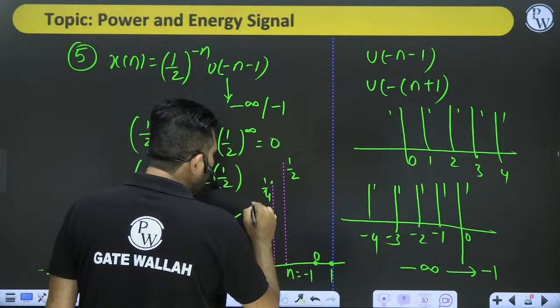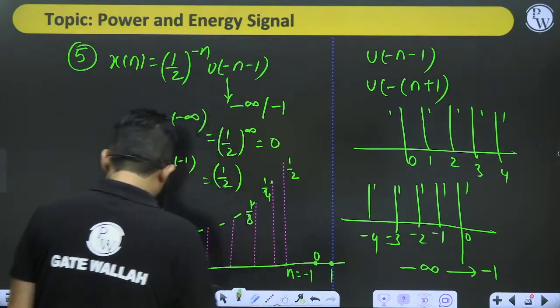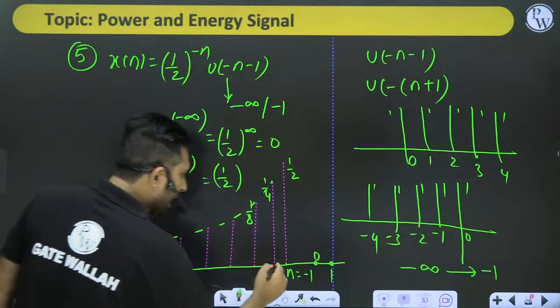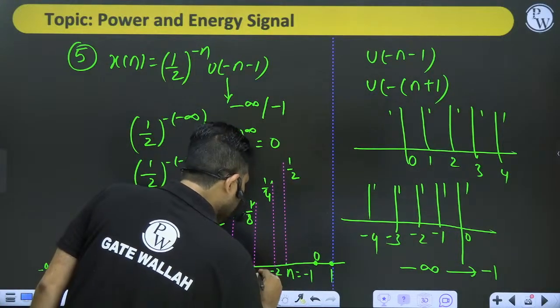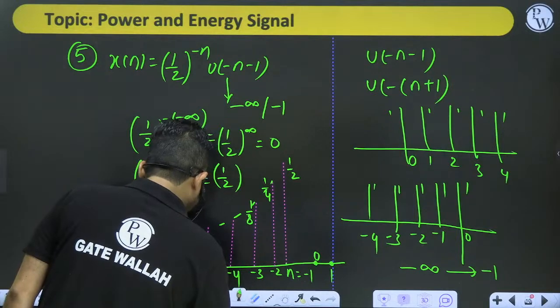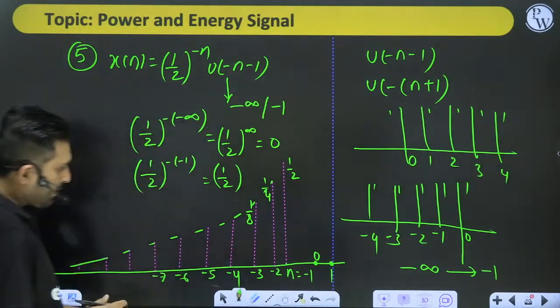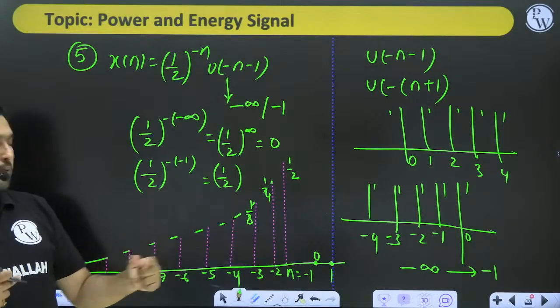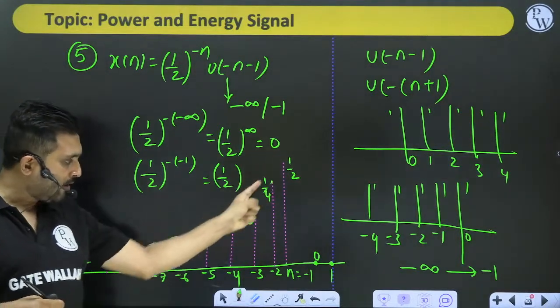This should be 1 by 8, and so on. And this will converge to 0. So at n equal to minus 1, minus 2, minus 3, minus 4, minus 5, minus 6, minus 7. So this is an exponential kind of function, a discrete exponential in which the exponential factor will decay like this.